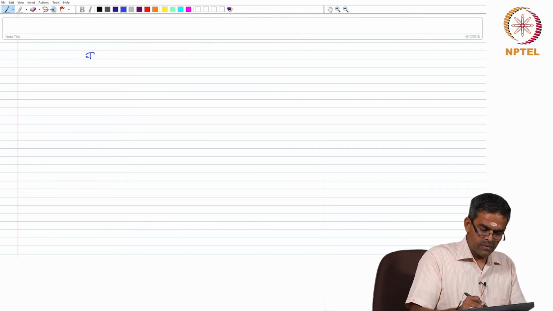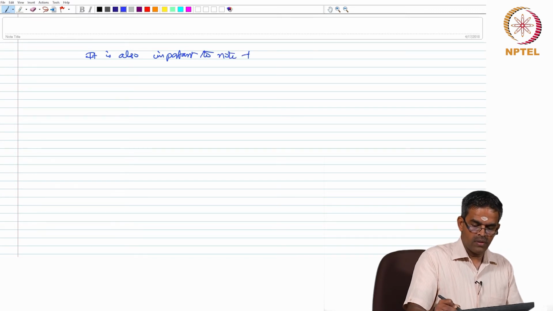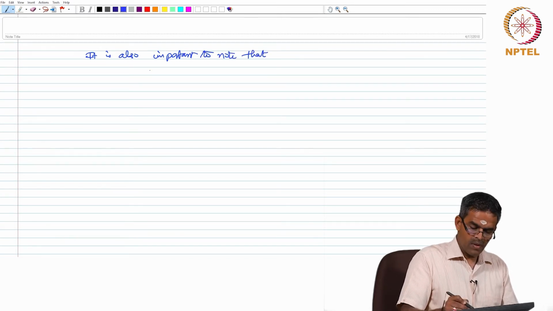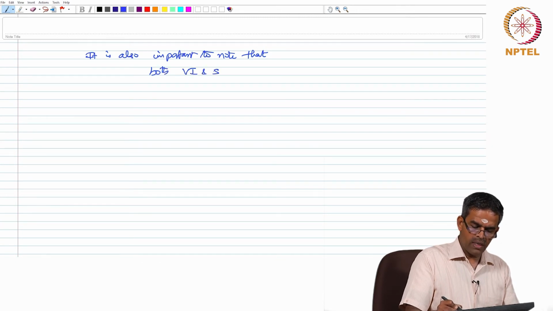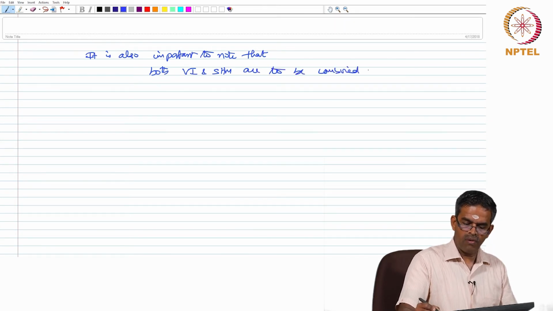Further, it is also important to note that both visual inspection and SHM methods are to be combined for effective results.